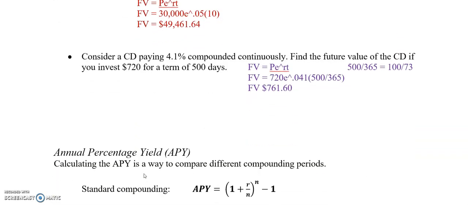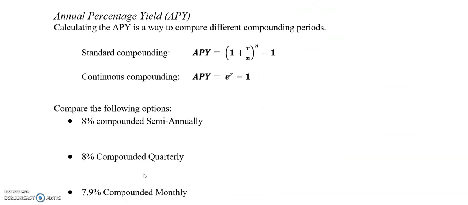The last thing that we're going to talk about in this homework section is APY, or annual percentage yield. And APY only applies to compound interest, because in simple interest, the APY and the APR are the same. But if you think about what it means to have different compounding periods, if you have more compounding periods, then you're going to accrue interest quicker, and then you're going to be accruing interest on that interest.